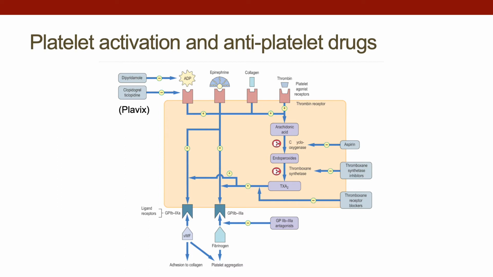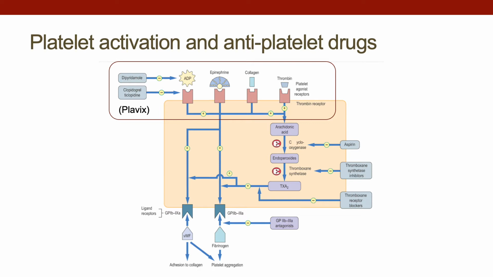This shows signaling processes that occur in platelet activation and how they are affected by some drugs. So there are 4 receptors that can lead to activation here. And going from left to right, the first one is for ADP, the nucleotide. I showed you a bunch of nucleotides acting as signals within cells during the signal transduction lecture.